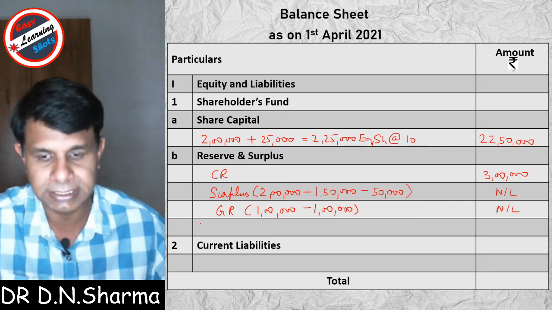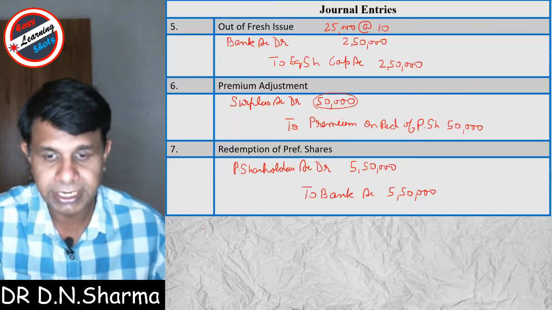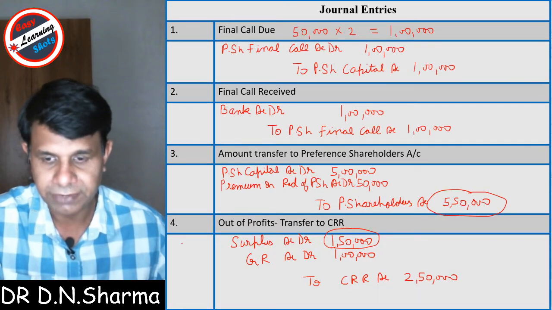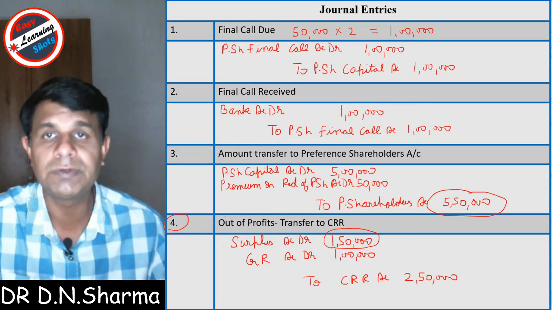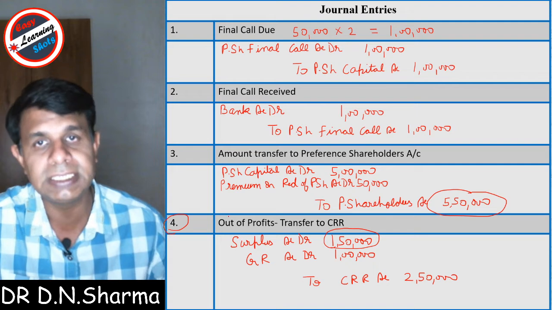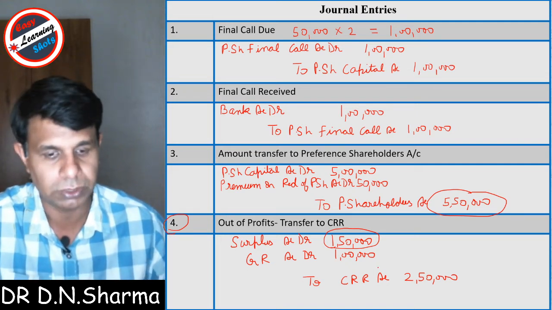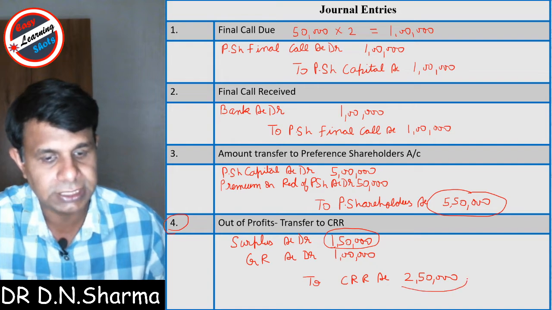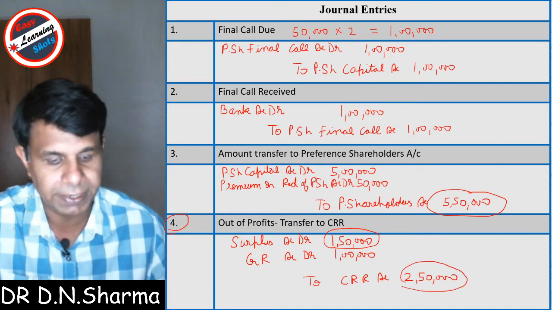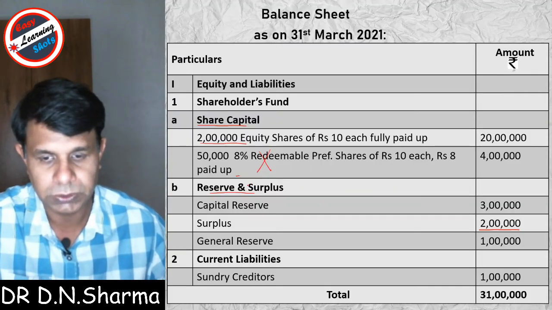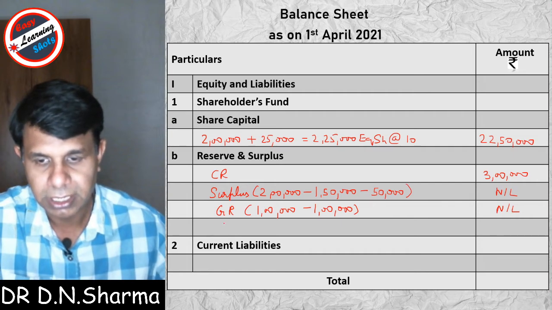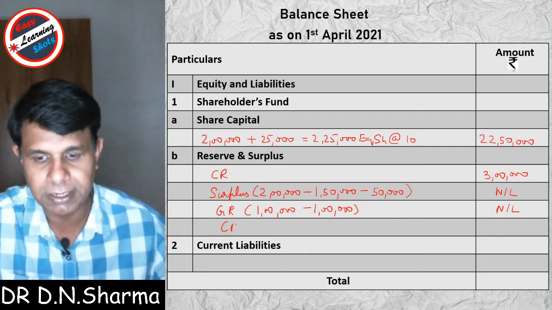So the balance is nil. Now we created a new reserve in entry number 4 when we transferred the amount from these reserves to a new reserve that is known as capital redemption reserve account. So the new reserve is 2,50,000, that is the capital redemption reserve account. So we write under reserves and surplus capital redemption reserve.